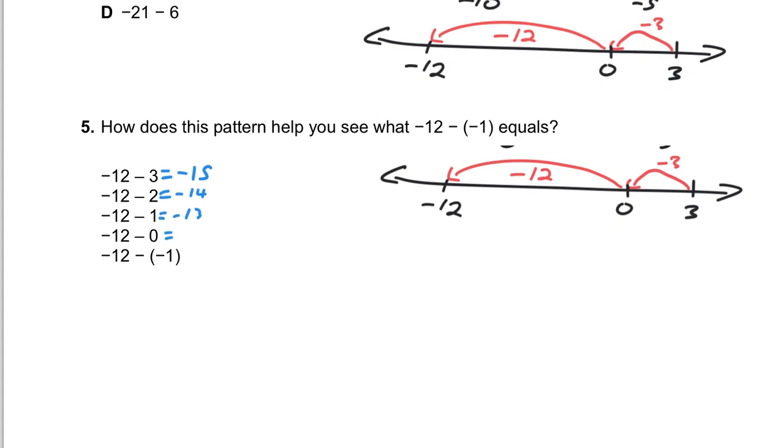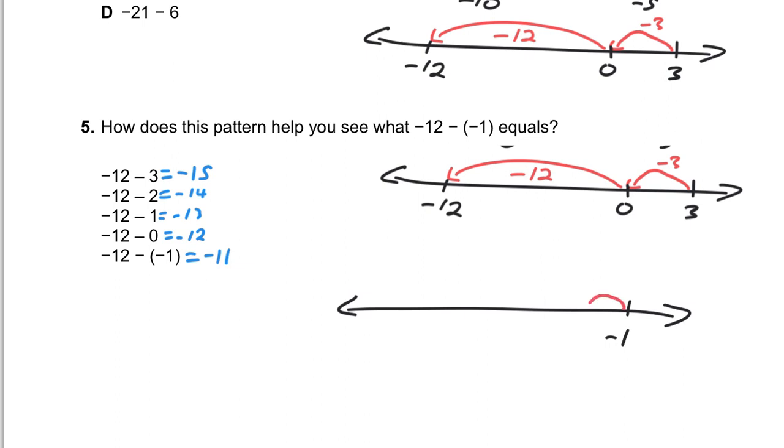From 0, let's just check that it is, from 0 to negative 12, we go negative 12. So yeah, the pattern is holding. It's negative 12. That would mean that this is, if the pattern holds true, negative 11. Let's see, does it? If we test it out on the number line, and we start at negative 1, right over here, and we see how much we need to add to negative 1 to get to negative 12?